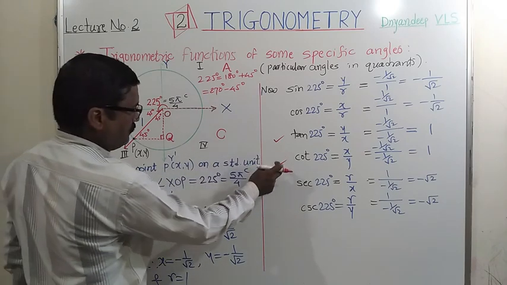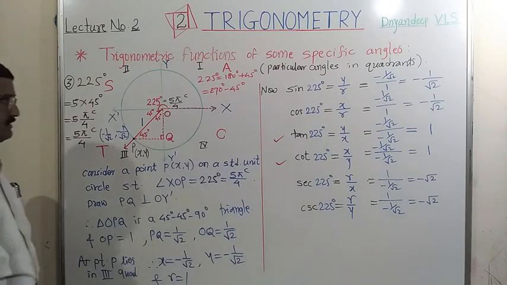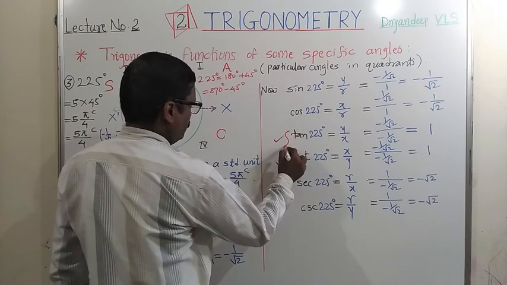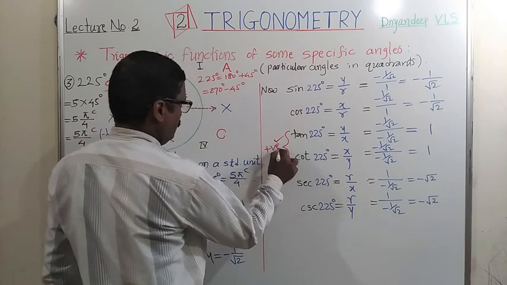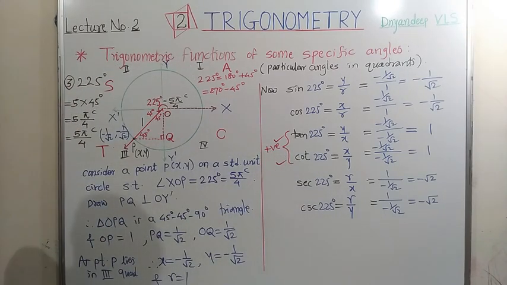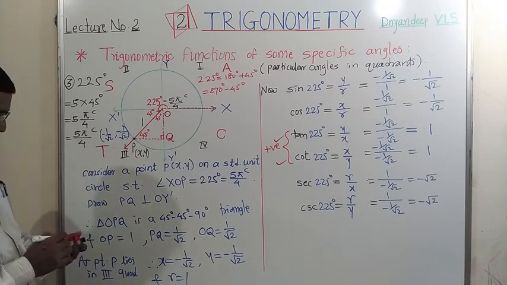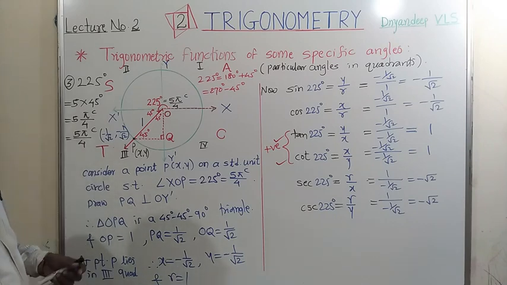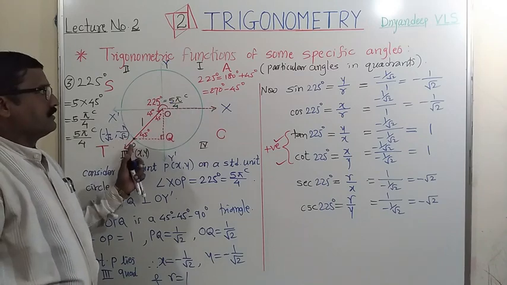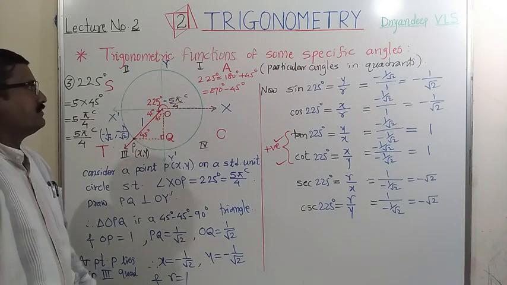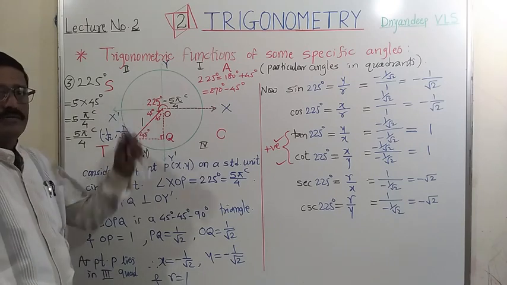So we get tan 225 and cot 225 equal to 1, which are positive, and the remaining are negative. So these are the only positive trigonometric ratios. Okay, so this is the third example of an angle in the third quadrant, and that particular angle is 5 pi by 4 radian or 225 degree.